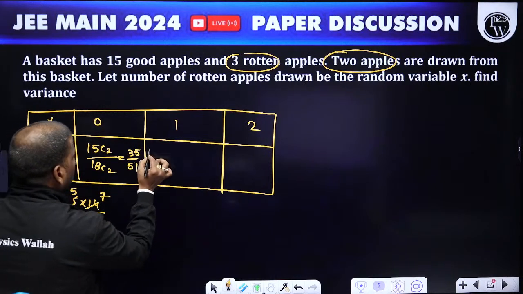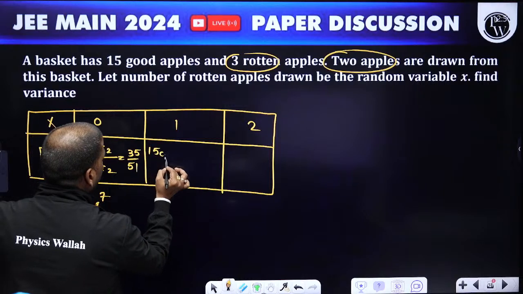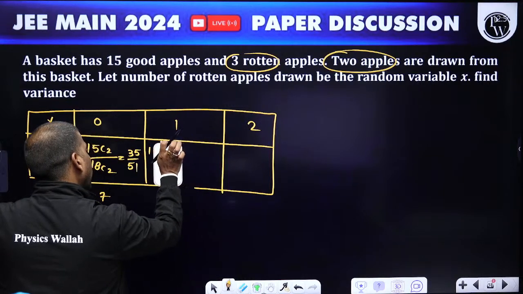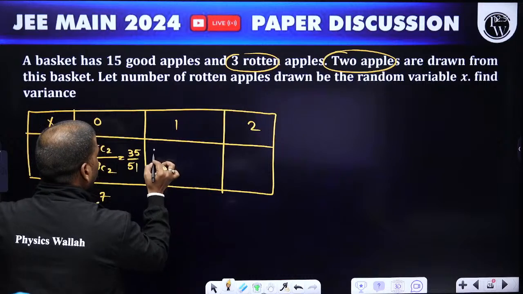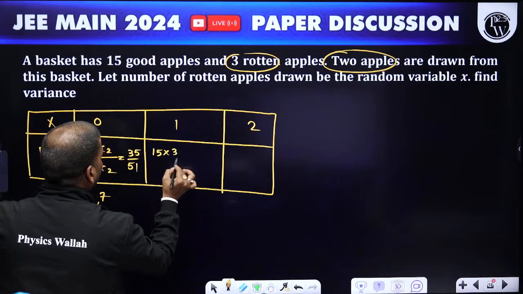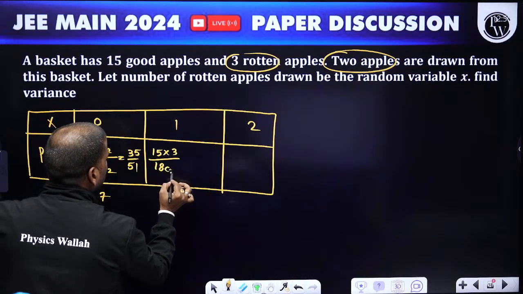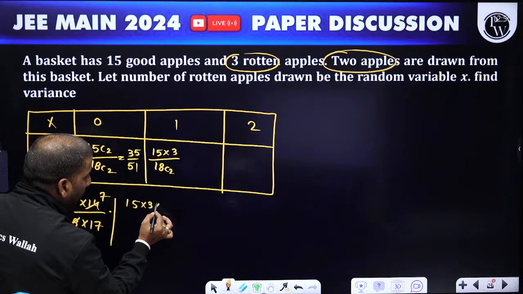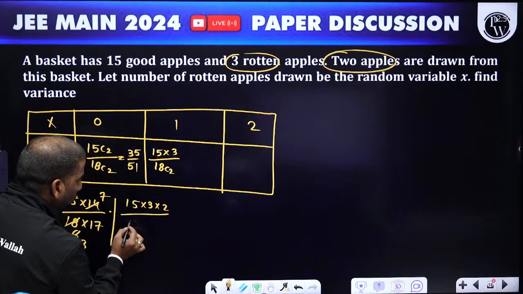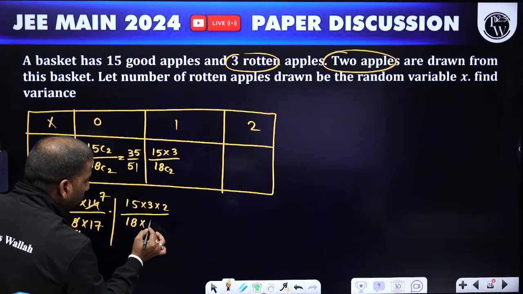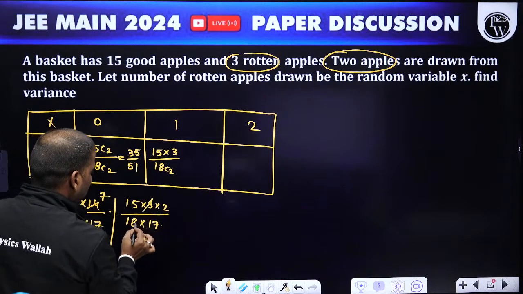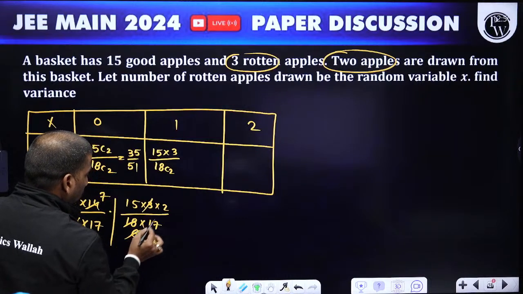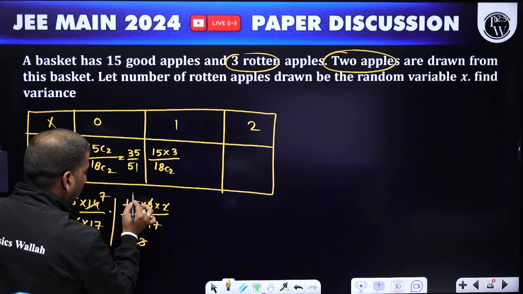Now, only 1. So 15C1. So that means we can write directly 15 times 3, over 18C2. What is this? 15 times 3, we will get 2 because from the 18C2, 18 into 17. So 3 6 times here, 2 3 times, 3 5 times.